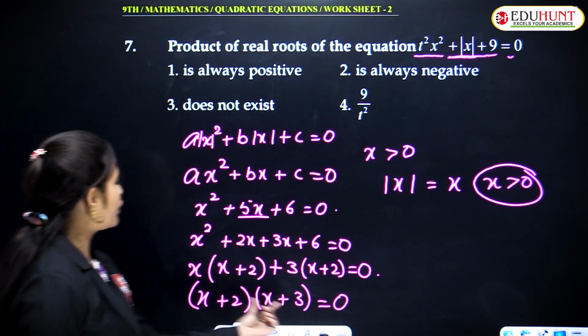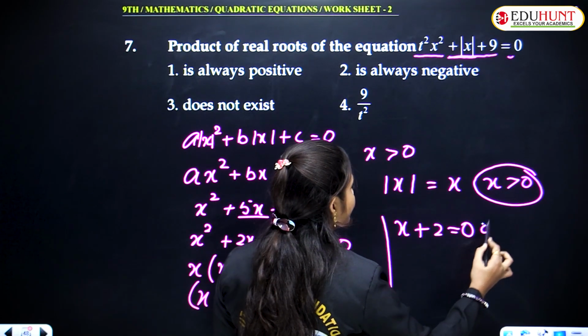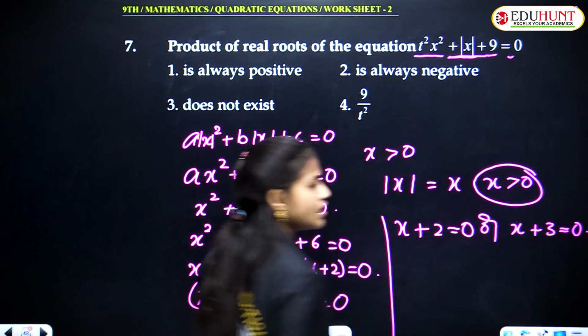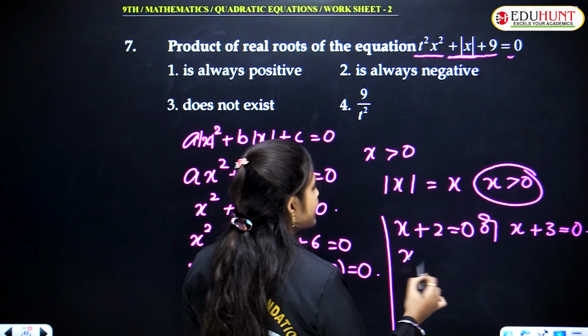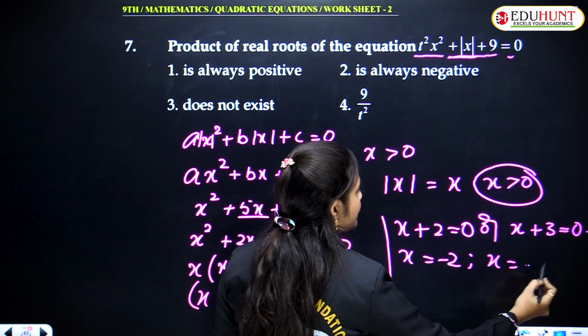Understand? The product of two factors is equal to 0 means any one of them must be equal to 0. So x plus 2 is equal to 0 or x plus 3 is equal to 0. So x is equal to minus 2 and x is equal to minus 3.